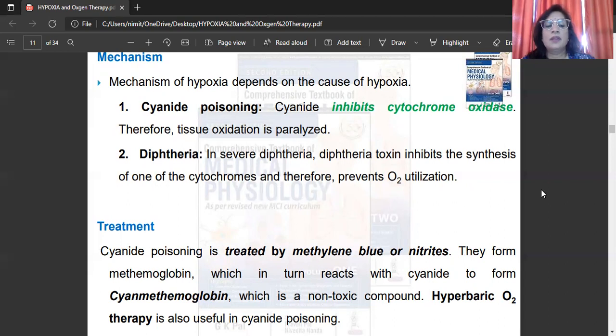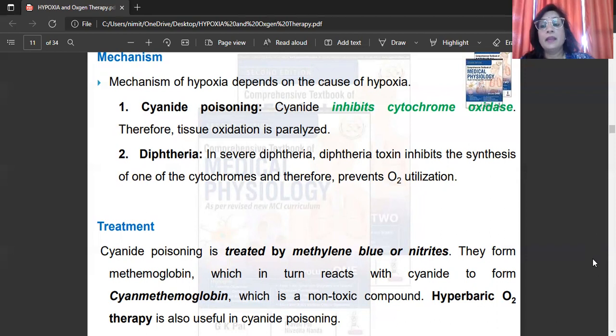What is the treatment? Yes. So, cyanide poisoning is treated by methylene blue or nitrites.